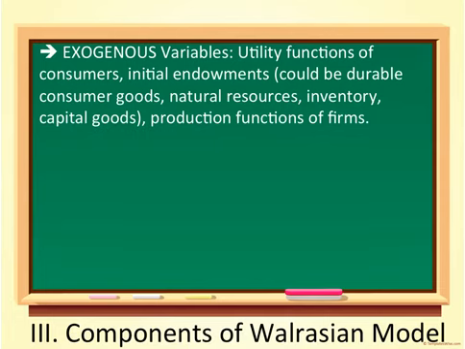It's not that any particular model in the tradition of Walras is going to have each of these items, but the point is, when Walras was describing his framework, he was showing the types of things that could be in the model. He was just showing the power of this approach. And the other thing you would want to put in there is the production functions that the firms possess.